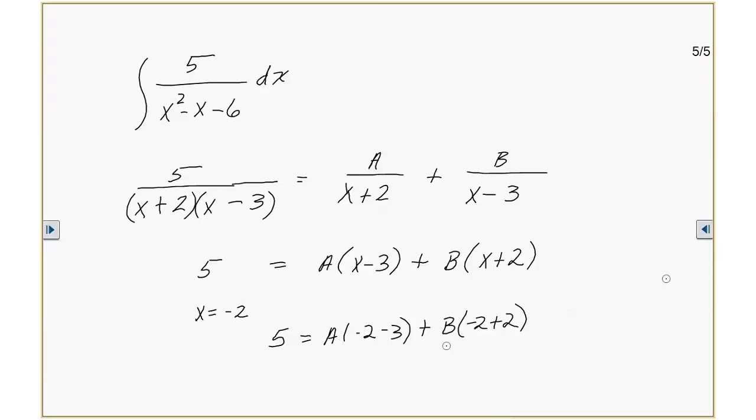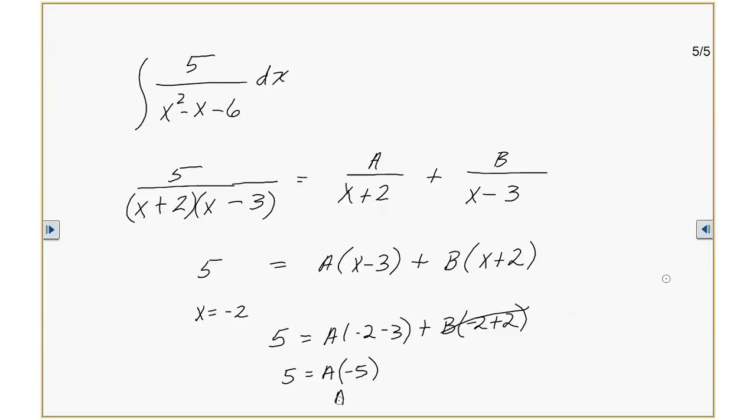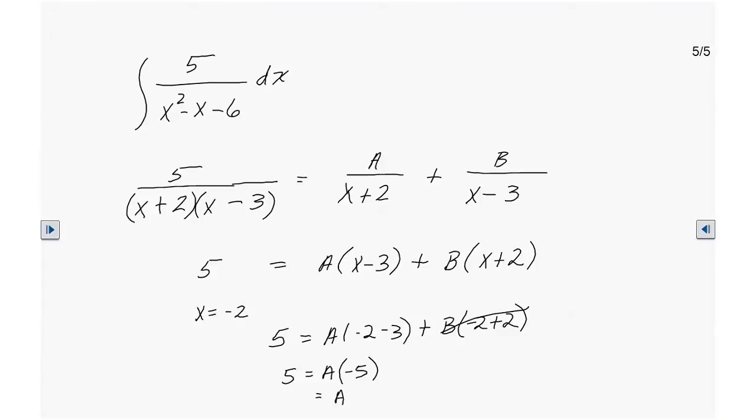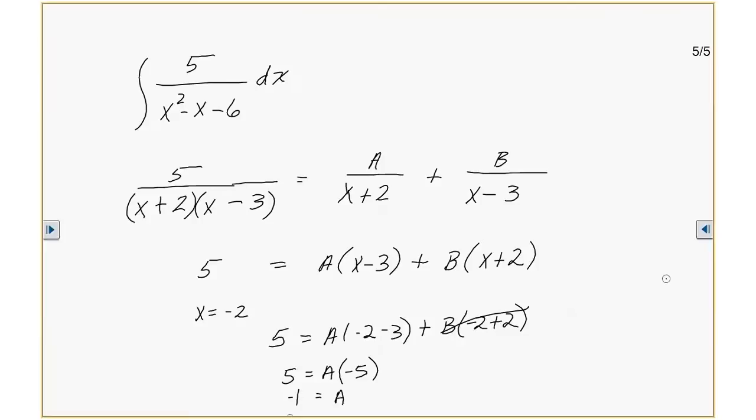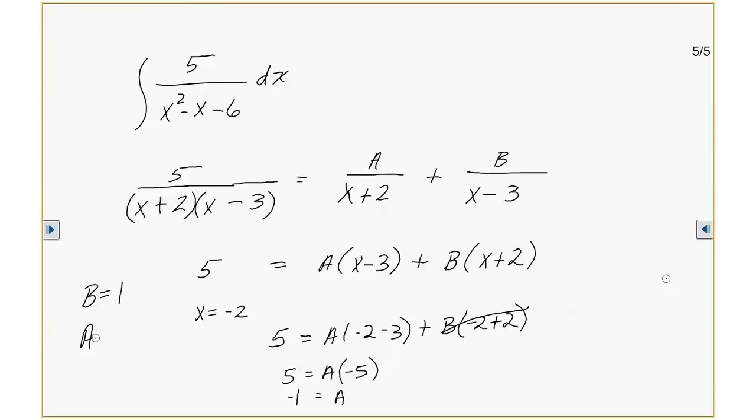And of course, the B goes out, and you get 5 is equal to A times negative 5, and A is equal to what? Negative 1. So, you've got B is equal to 1, and A is equal to negative 1. So what do you do with A and B now? Plug it in right here.